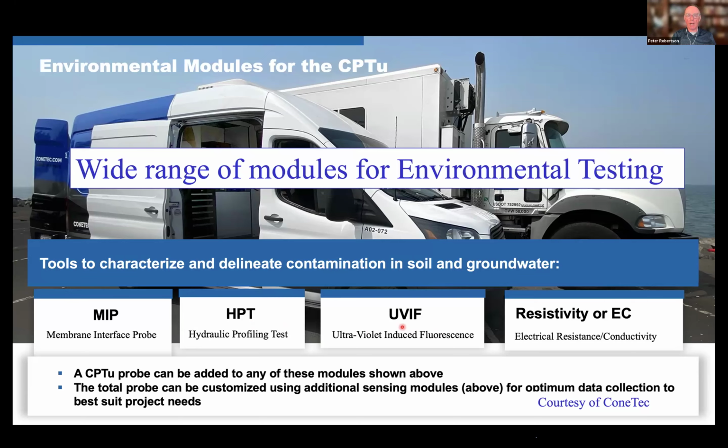And then for petrochemical type contaminants like fuel and oil and gasoline, etc., there's this ultraviolet induced fluorescence. So it shines an ultraviolet light out the side of the cone and measures the fluorescence. And the type of fluorescence you get back will tell you what type of hydrocarbon is in the ground.